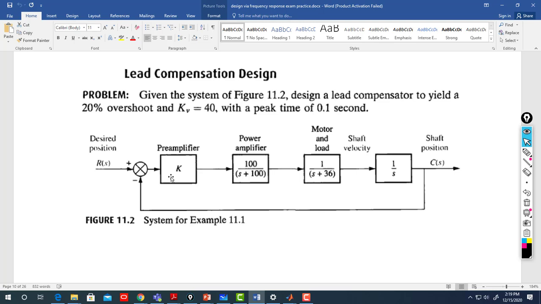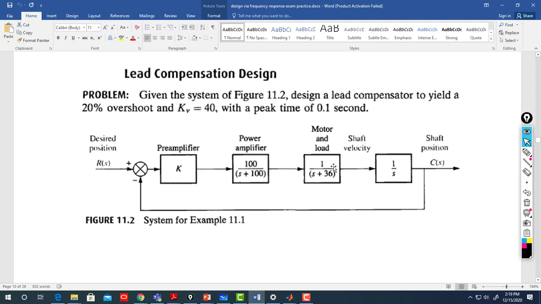Of course, they serve different functionality: one to speed up the system, the other to reduce the steady state error. So here we sacrifice on the steady state error in order to speed up the system. Also, I don't want to say sacrifice on the overshoot, but here we have an overshoot of 20, more than what we had when we designed the lag compensator anyway.